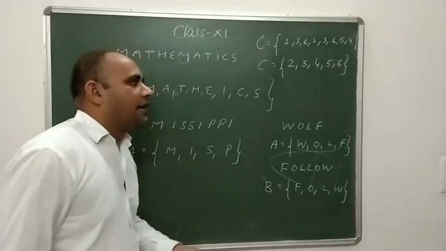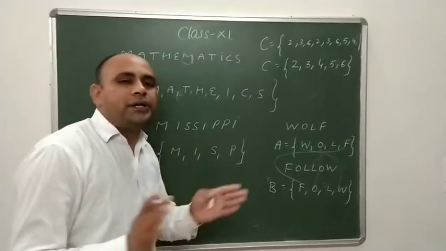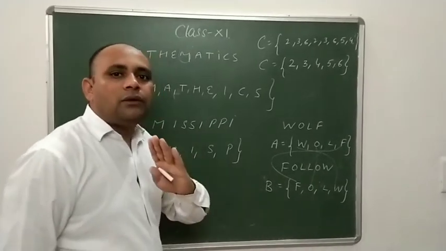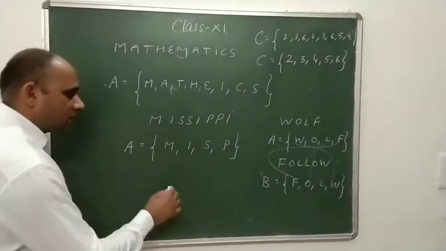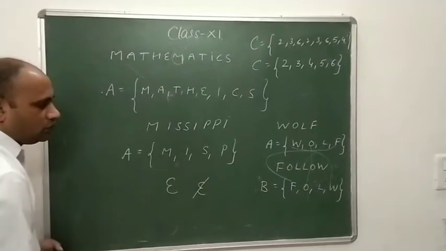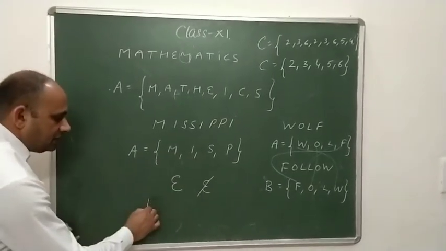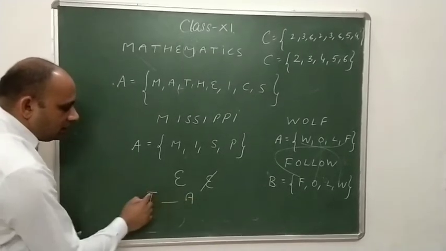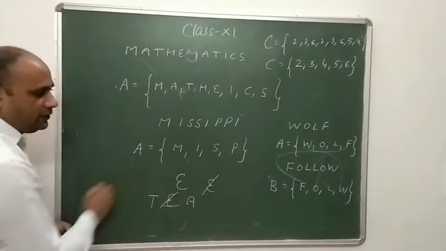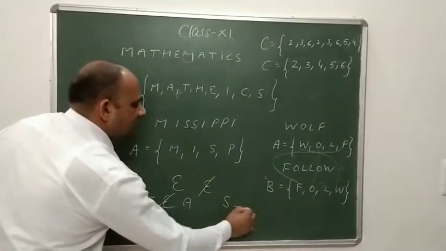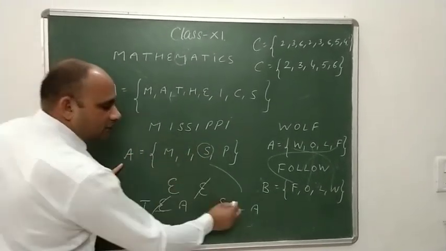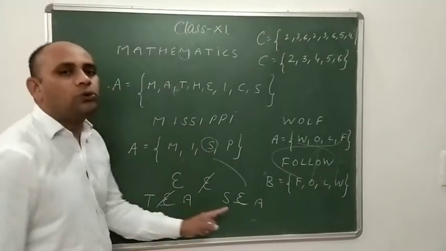In a set, any digit or alphabet is not repeated; it should be written only one time. We also discussed the symbols belongs to and not belongs to. You know in set A, is T here or not? No. So therefore T does not belong to A. If I write S in set A, you know S is an element of set A, therefore we write S belongs to A.